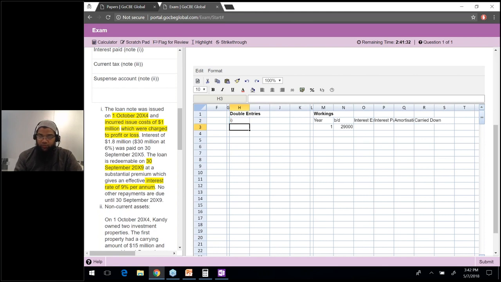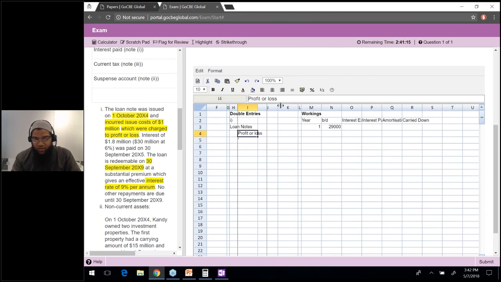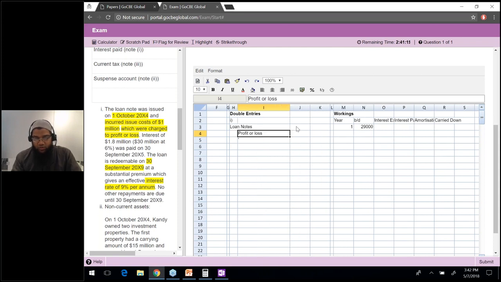So what I'm going to do is debit the loan notes and credit the P&L, where I have the question recorded in the profit or loss. So the loan notes should be debited by 1,000 and the profit and loss should be credited by 1,000.